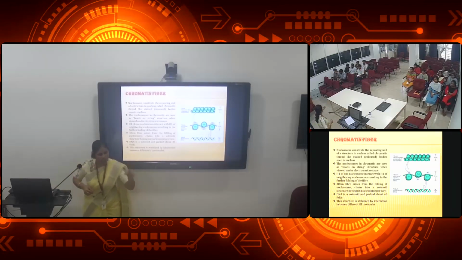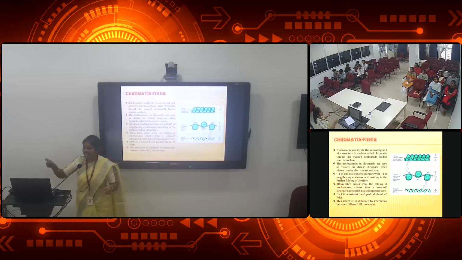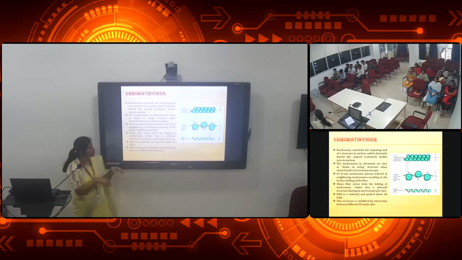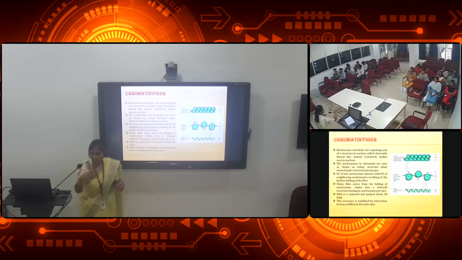The first order of DNA packaging is the nucleosome. The second order of DNA packaging is the solenoid structure. Solenoid structure means a 30 nanometer fiber-like chromatin is formed. That structure is said to be the solenoid structure.